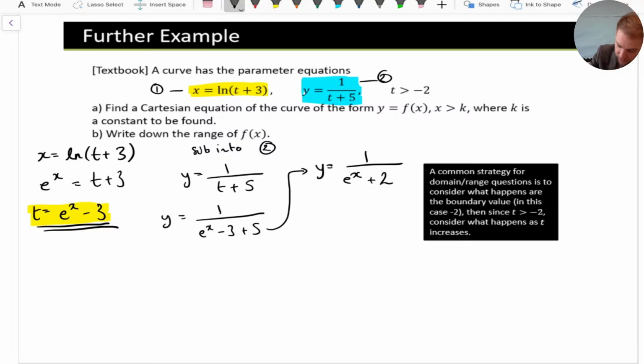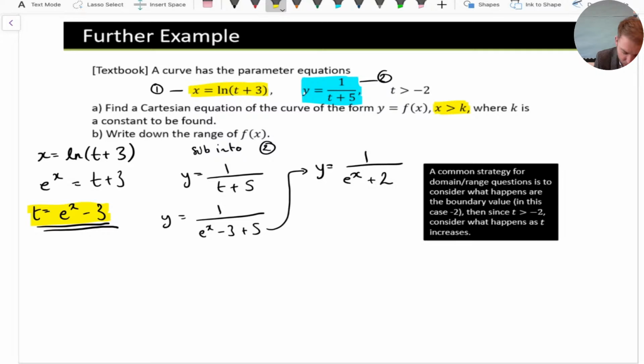Now, the issue here is they've asked for this part, when x is greater than k. What they're asking for here is your domain. A common strategy for the domain and range is to consider what happens at the boundaries, but you've got to be careful with that. We can't just consider the boundaries when we've got things like a quadratic.